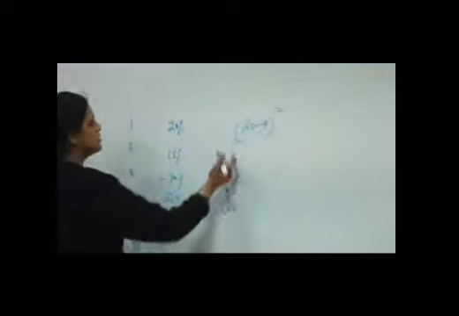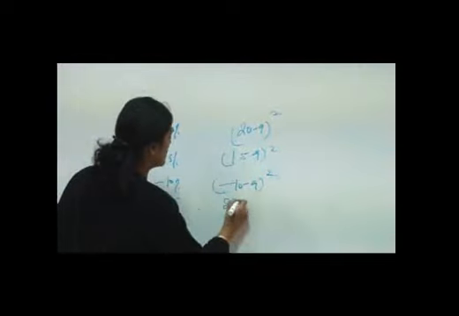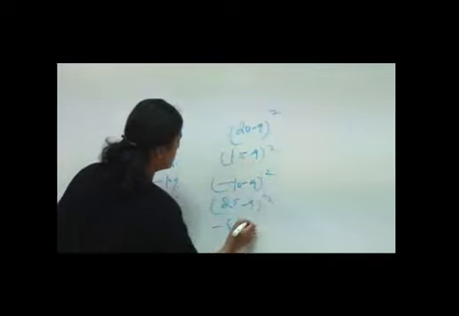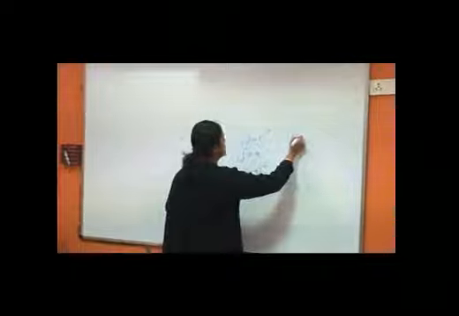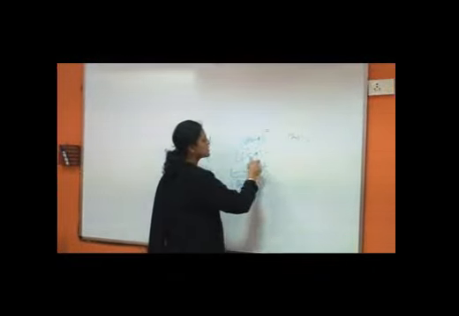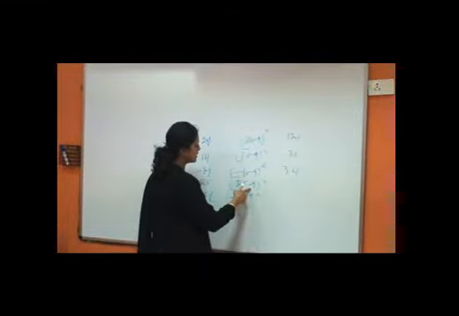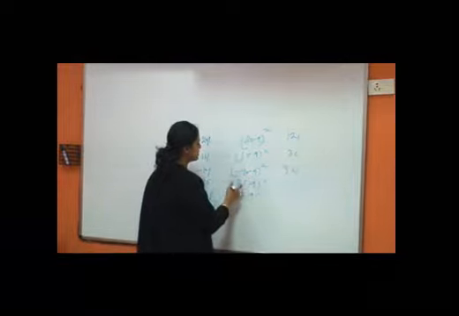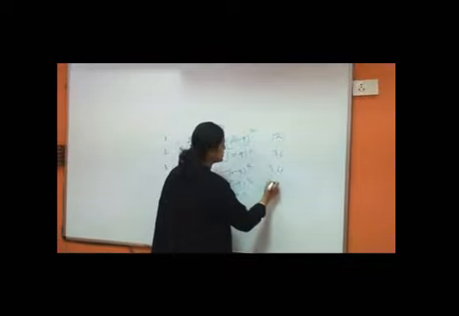Now, to calculate the standard deviation, what I would do is 20 minus 9 whole square, where 9 is the average, 15 minus 9 whole square, minus 10 minus 9 whole square, 25 minus 9 whole square, and minus 5 minus 9 whole square. So 20 minus 9 is 11, and 11 squared is 121. 15 minus 9 is 6, and 6 squared is 36. Minus 10 minus 9 is minus 19, and that squared is 361. 25 minus 9 is 16, and 16 squared is 256.